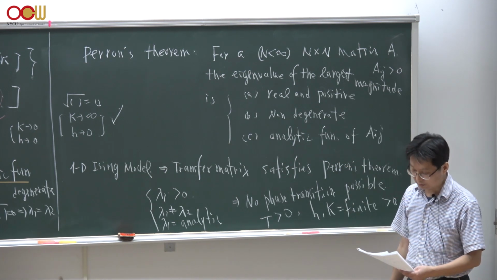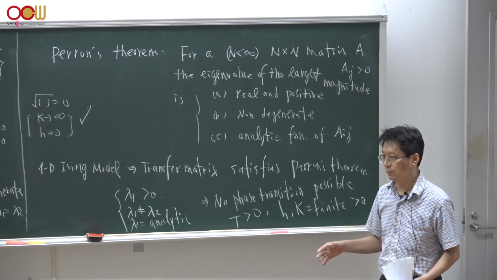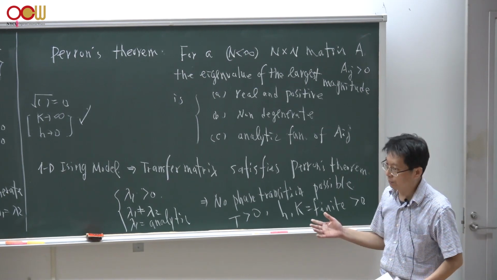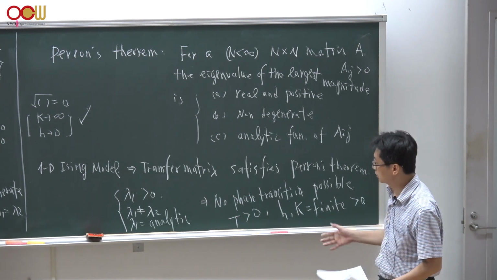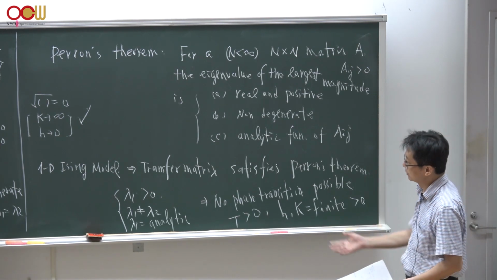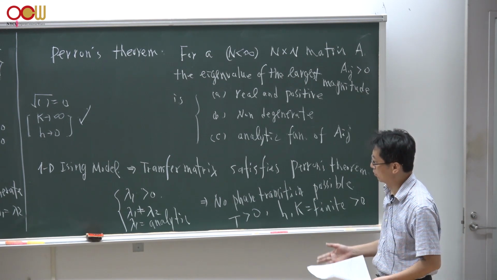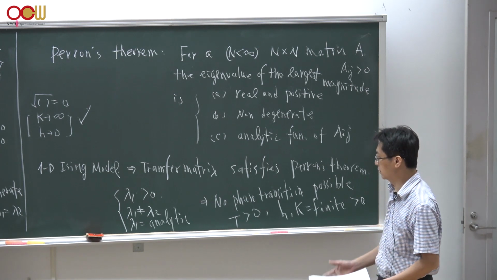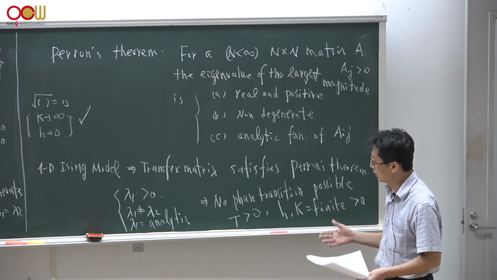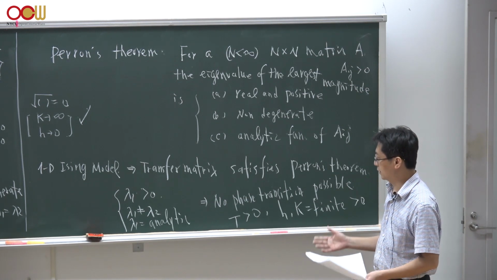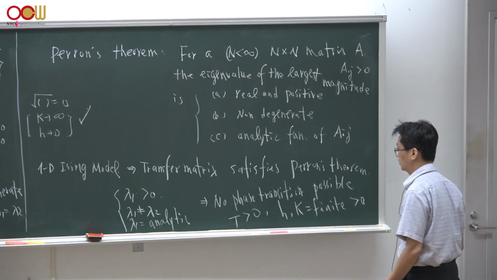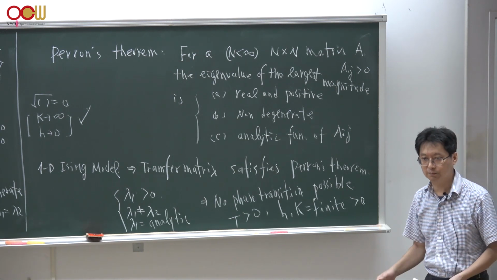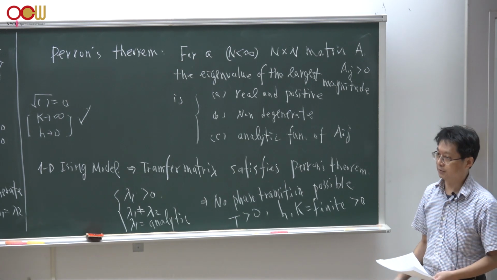That's the first conclusion, the most obvious one that we already arrived at, but we show more rigorously and mathematically how it arises, and we obtain an analytical form of the eigenvalue and of the bulk free energy density, which is a pure analytic function of h and k. As a result, there is no chance that we have a phase transition at any finite temperature. But there is a phase transition at zero temperature, which is our job in the next lecture.